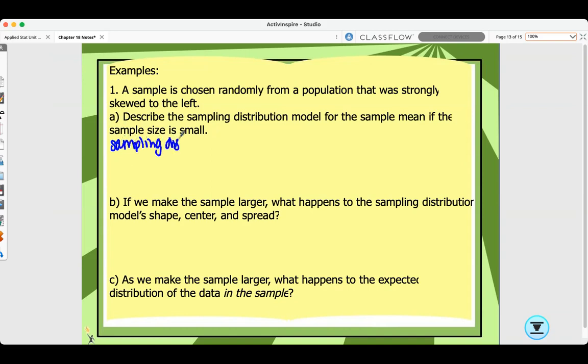The sampling distribution is skewed left. The mean of the model would be equal to the population mean.